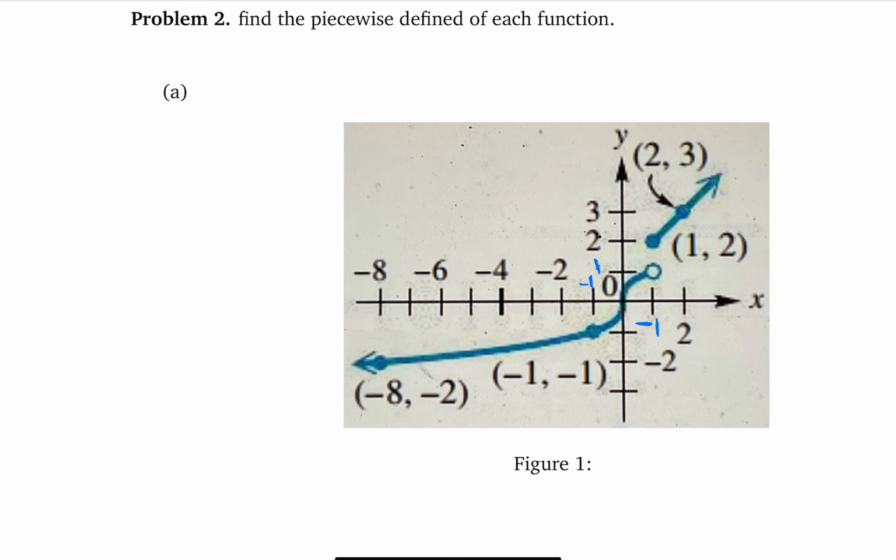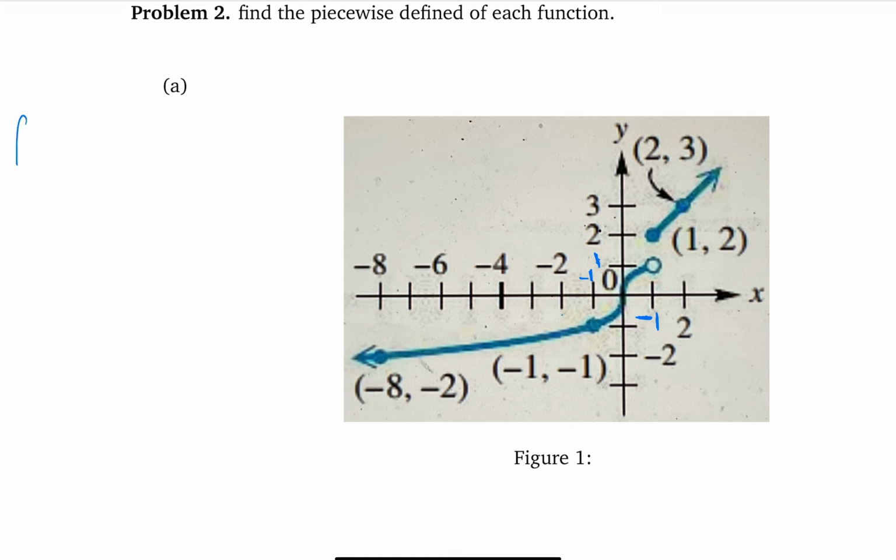Now, you have two sides. Let's start from -1 to infinity. So what does it mean? Why is -1 closed? -1 is closed because of the solid circle.